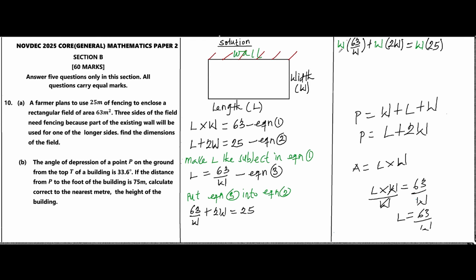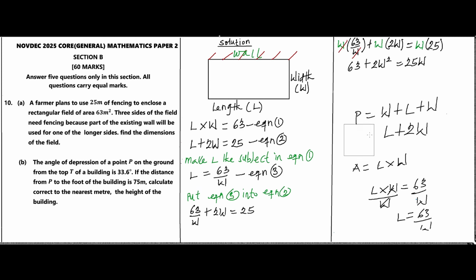So we see that W and W will cancel out. We are left with 63. And then W multiplied by 2W, we have 2W squared, and this must be equal to 25W.